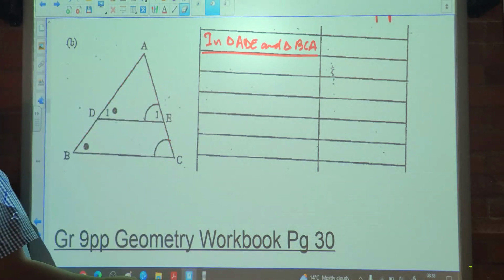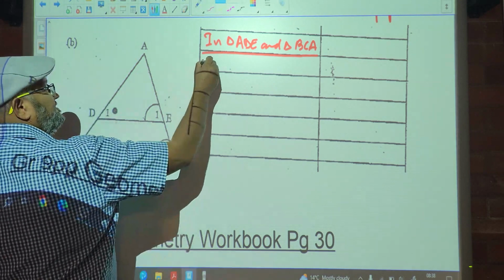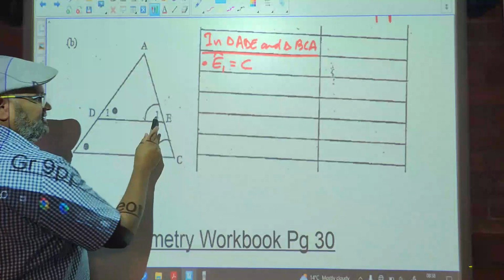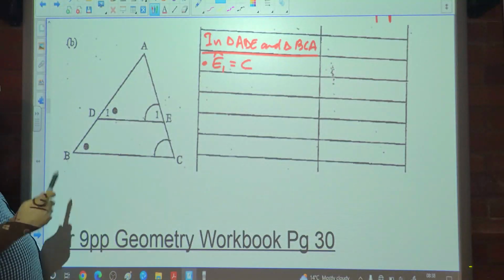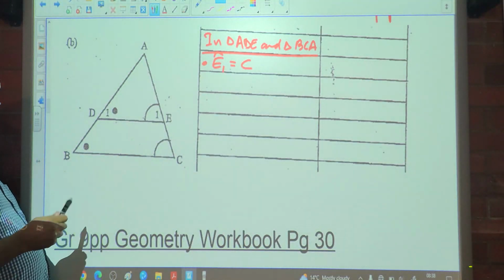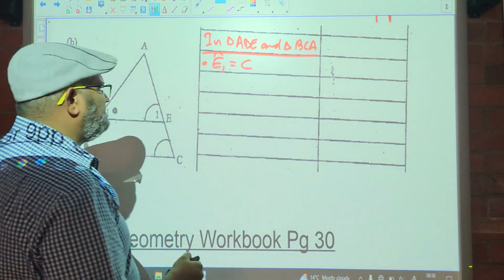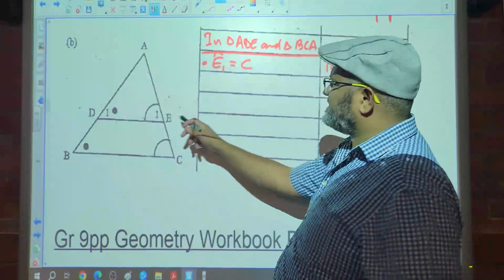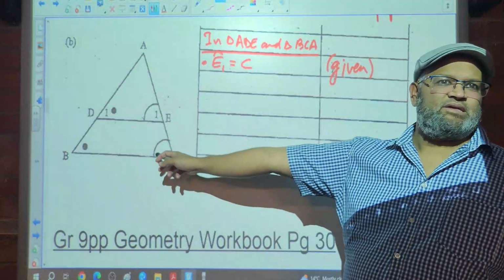Where do we start? Angle C is equal to angle E1. Why? Can I say corresponding? Was this line parallel? No. It is given. Can you see both has the same marking on the angle then?